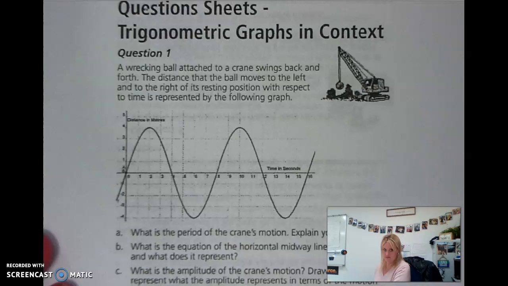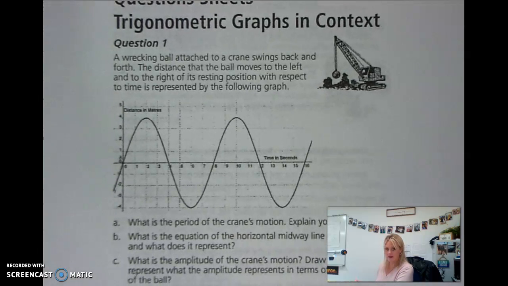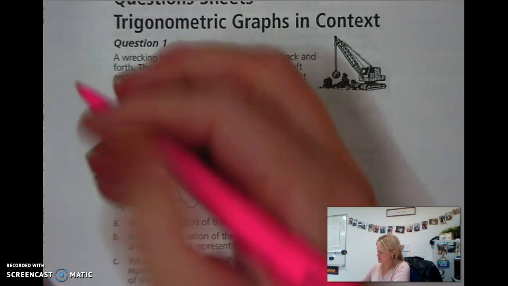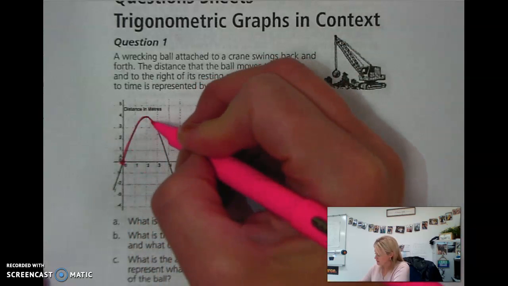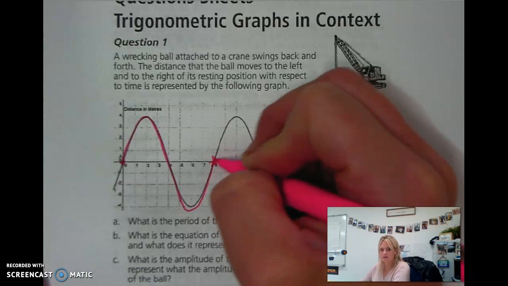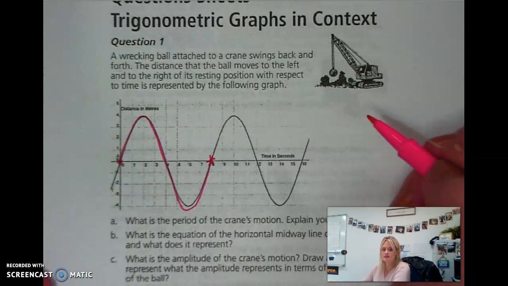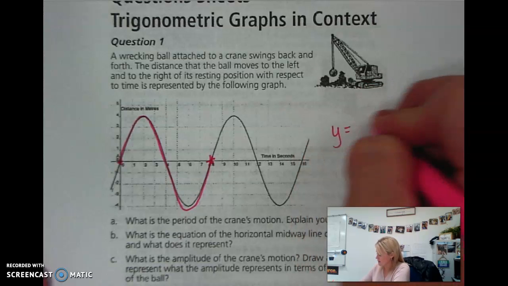So if you take your first worksheet, the one that says question sheets, trig graph in context, let's look at this wave. It's always easiest if you can find one that starts at 0, 0, goes up, goes down, and finishes its cycle right here. So right now, is that a sine wave or a cosine wave? Well, that's a sine wave.